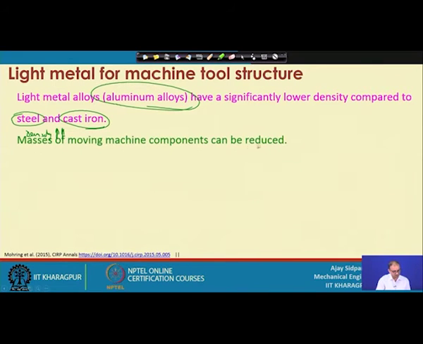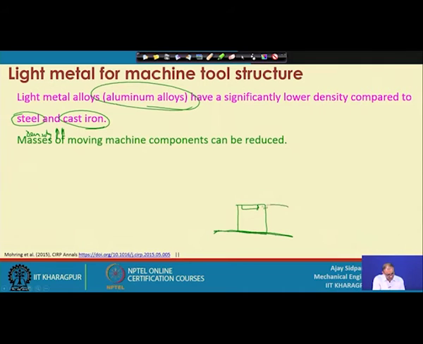Masses of the moving machine components can be reduced, and this is very important, because suppose you have one component here, and this is the slide on which it is mounted. You want to do some small-scale micro machining here.